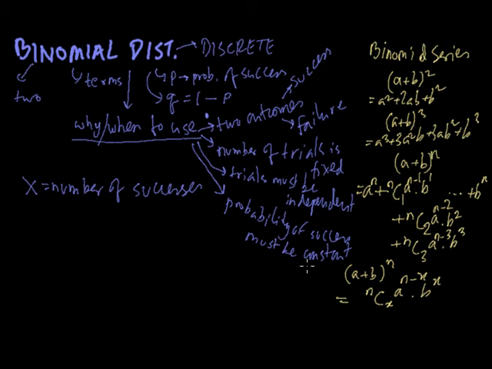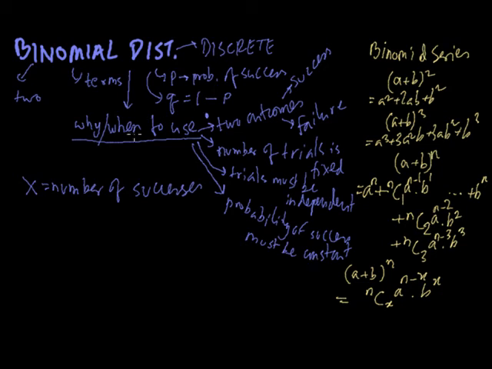So when we have these four things happening: either a success or a failure, number of trials fixed, trials independent of each other, and the probability of success constant, not changing, then we can use the binomial distribution.